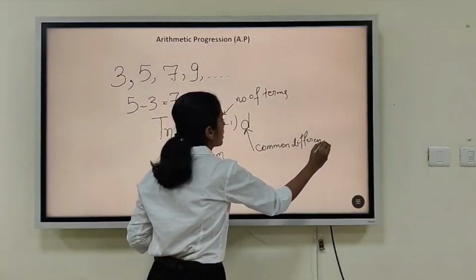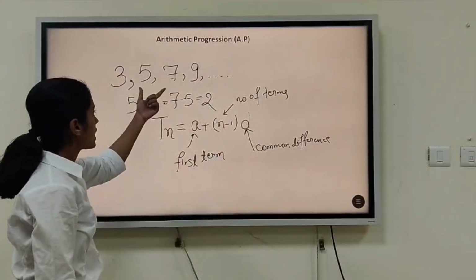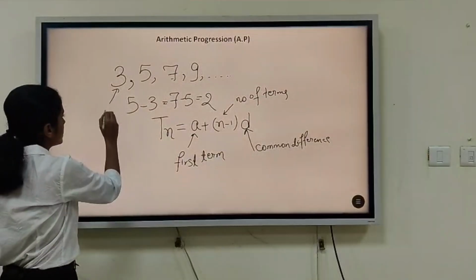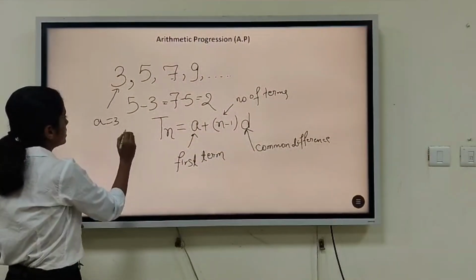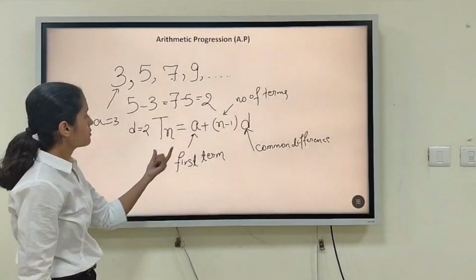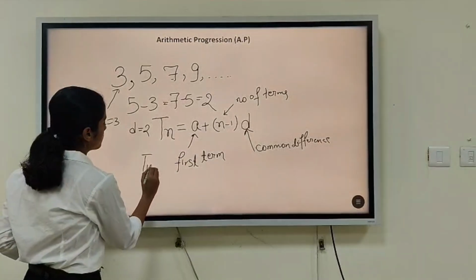By using this formula, if I ask you to find the 50th term of this AP, you can easily see that here a is equal to 3, d is equal to 2, and by putting these values you can find the 50th term of this AP.